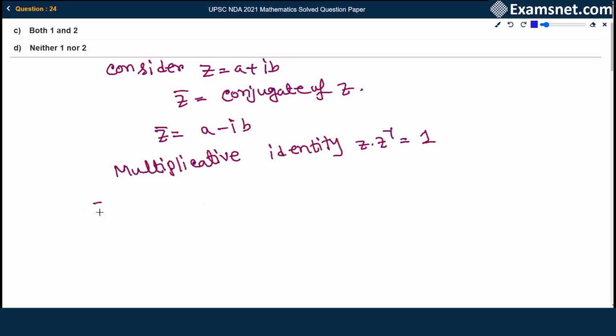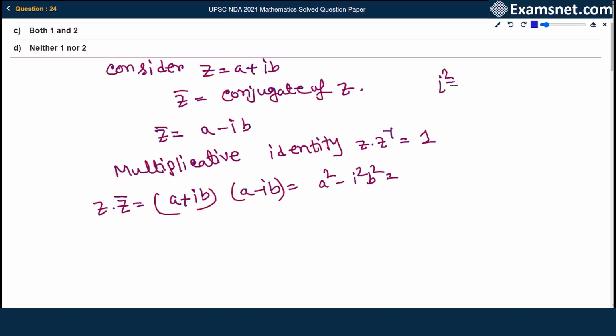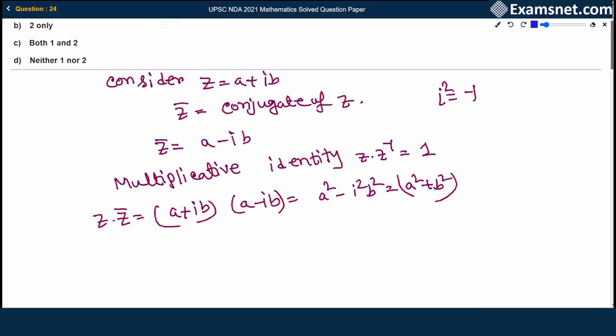Now, also the product of z and z bar, that is a plus ib and a minus ib, will give us a square minus i square b square. We already know i square equals to -1. That means a square plus b square. Okay. Now start with the given statements.